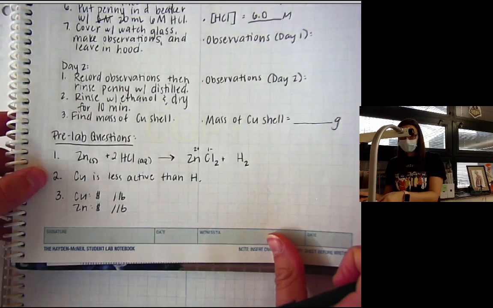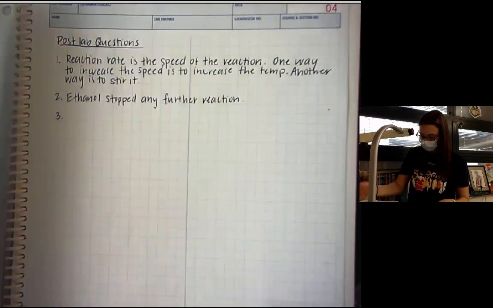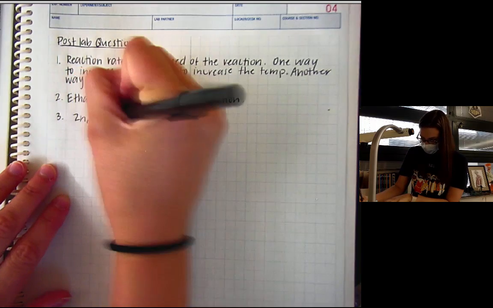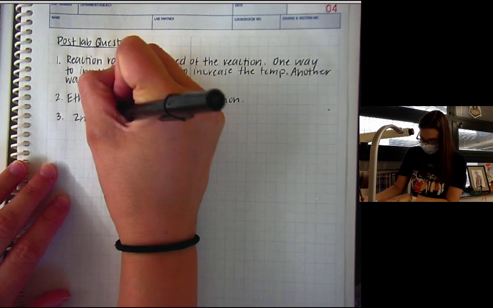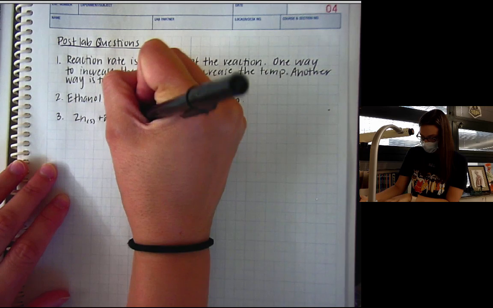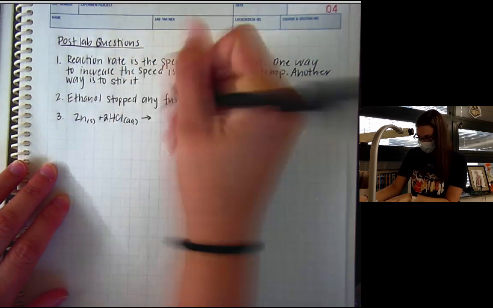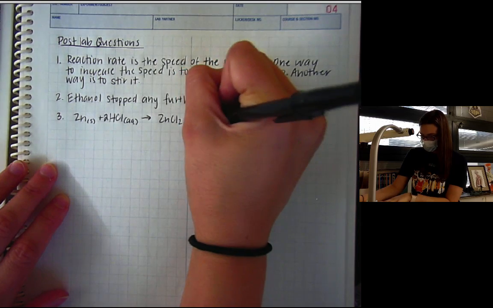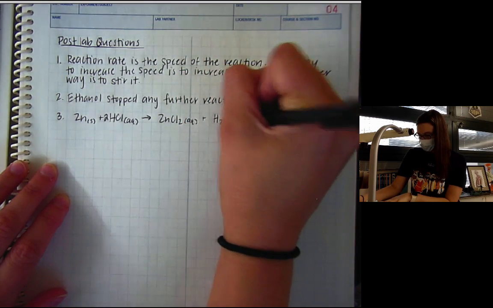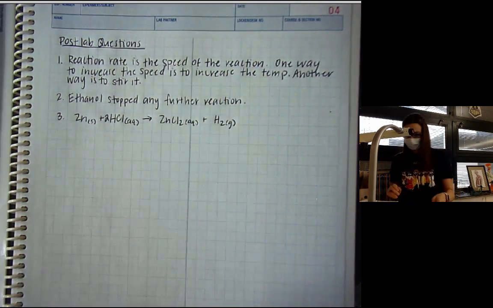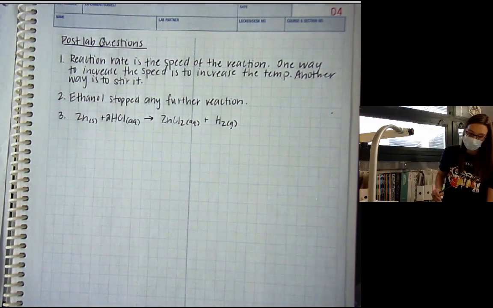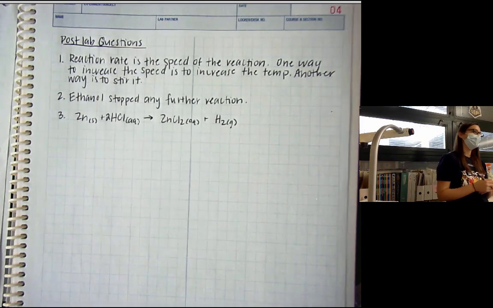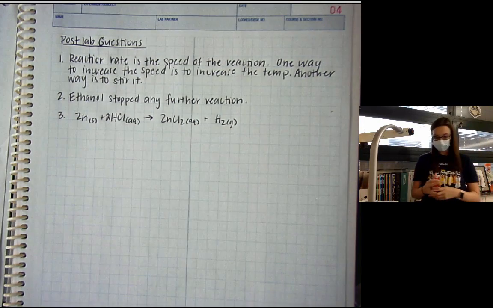So I'm going to rewrite that reaction to start. So solid zinc plus 2 HCl, which is aqueous, yields ZnCl2, which is aqueous, plus H2 gas. So this is the molecular equation. Molecular is the overall balanced equation.